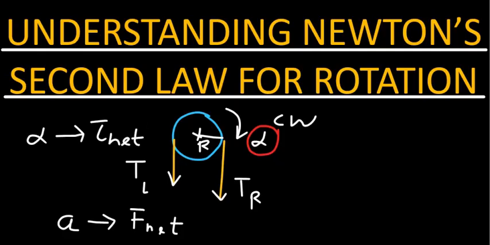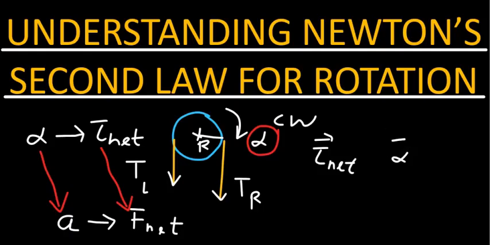In our previous video, we did mention that angular acceleration is the rotational cousin of the linear acceleration, and likewise, the torque can be thought of as the rotational cousin of that force. What that means is we should be able to relate the net torque to the angular acceleration of the system.